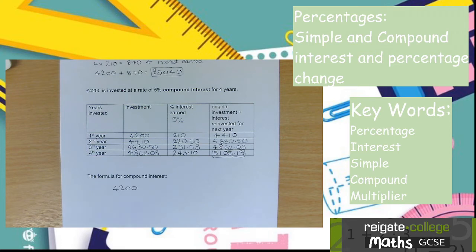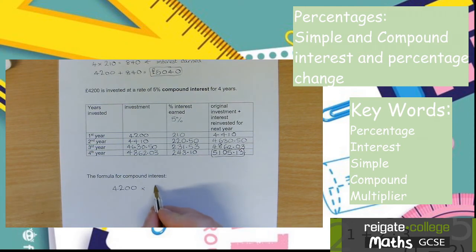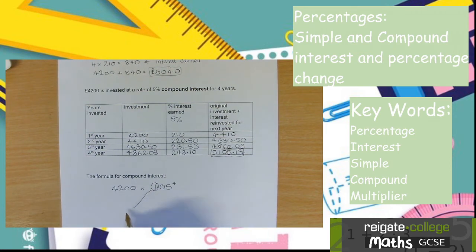So I'm going to multiply my original investment by this multiplier, which is 1.05 to the power 4. This 1 represents my whole investment.